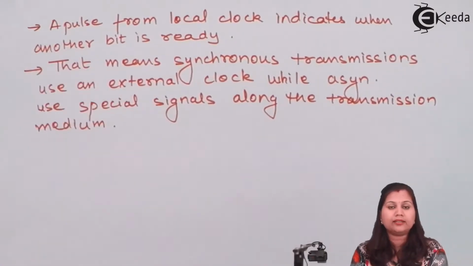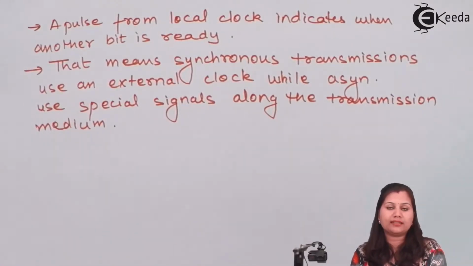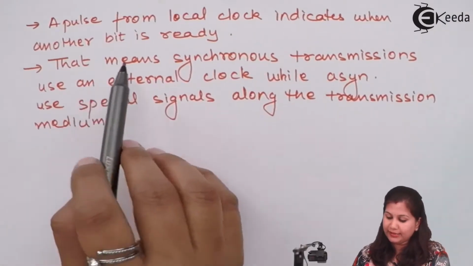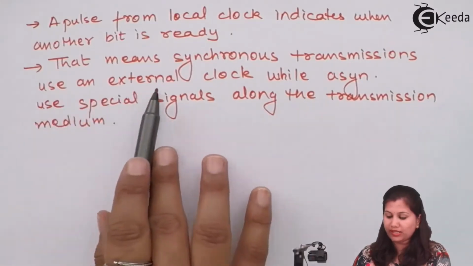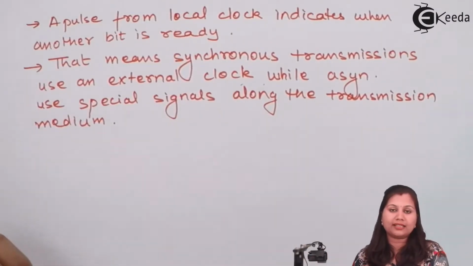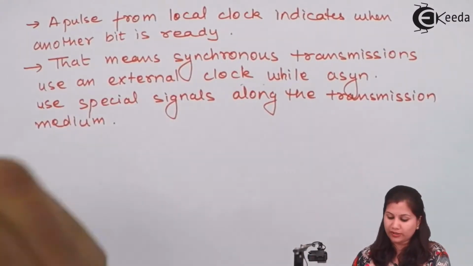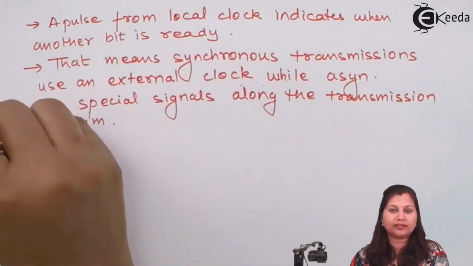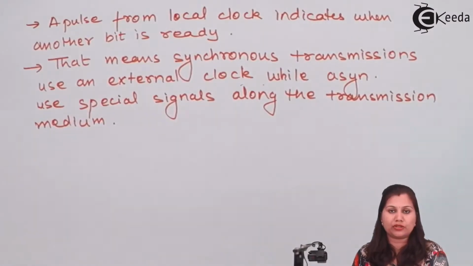So in the synchronous data transmission, we studied that a clock signal is there and the data signal is there. That clock signal is external. So we can say that synchronous transmissions use an external clock. Whereas in the case of asynchronous, a pulse from the local clock indicates when another bit is ready for transmission.